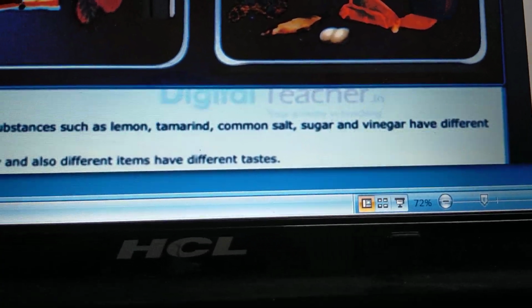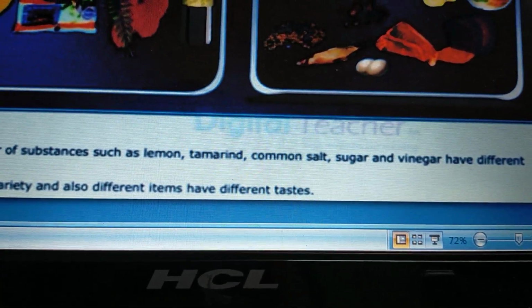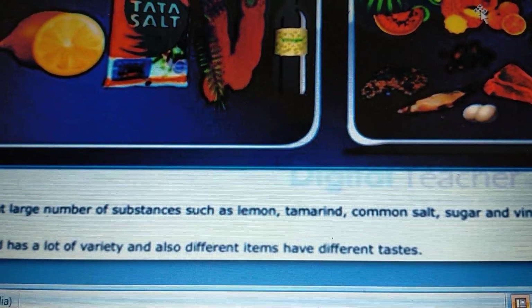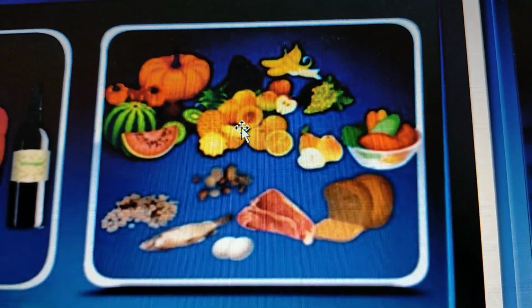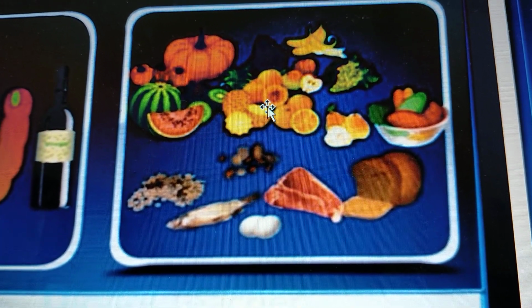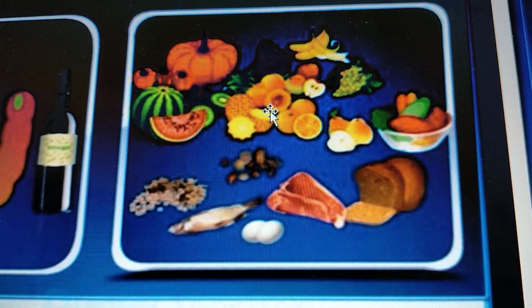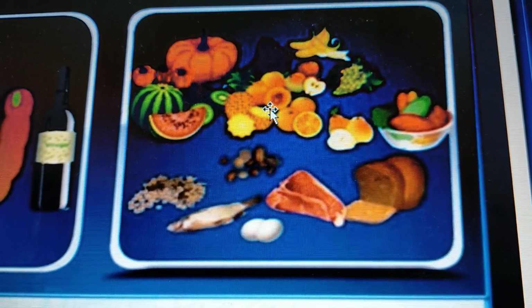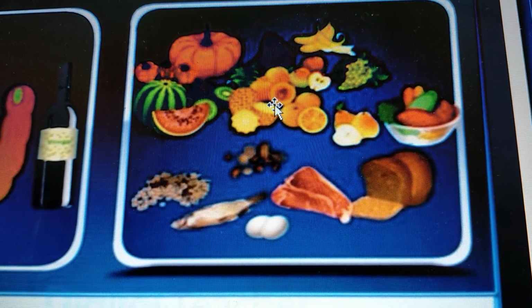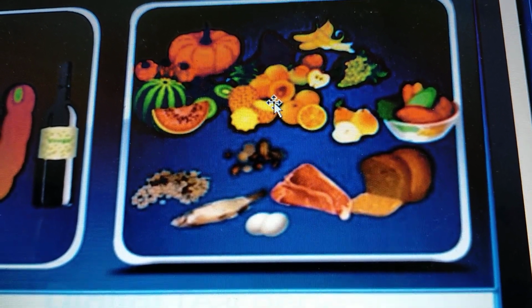You all know that. Almost you have tasted all these food items, right? They all are having different tastes. Even our food has a lot of variety and different items have different tastes. Now students, every day we all are eating and drinking different types of food like grapes, mango, curd, tea, coffee, etc. We are also using some substances to enhance the flavor. So what type of substances are we using for the flavor?